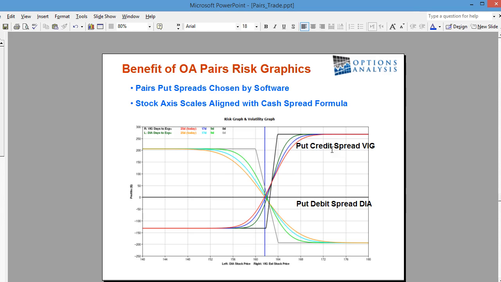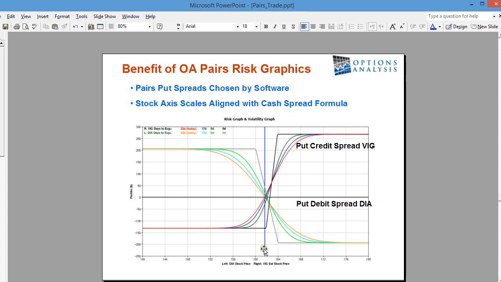So that's how we were able to overlay the put debit spread for Diamond on top of the put credit spread for VIG. The blue line is where the stock's close price is today for both of these two particular trades.